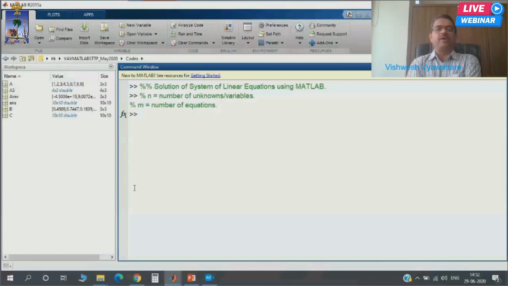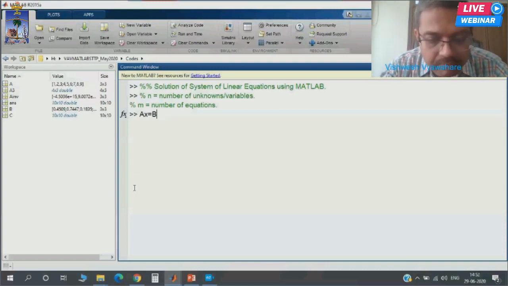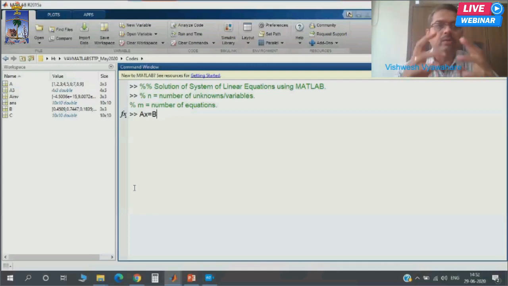N stands for number of unknowns or variables and M stands for number of equations. Basically, we are going to solve AX is equal to B using MATLAB. This is the very fundamental question, because the majority of numerical methods ultimately boil down to AX equal to B.